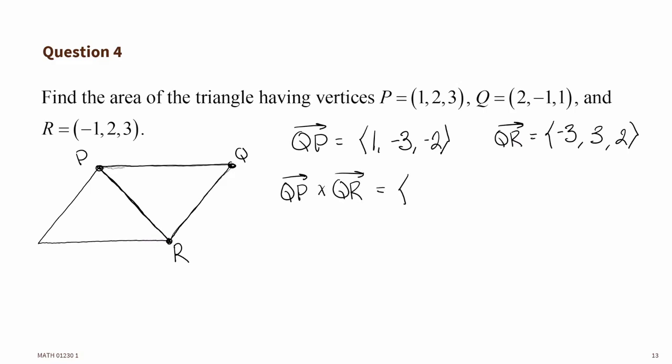And now take the cross product. Negative 6 minus negative 6 for the first component.